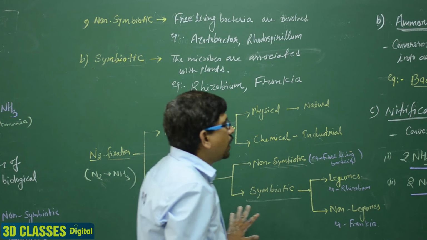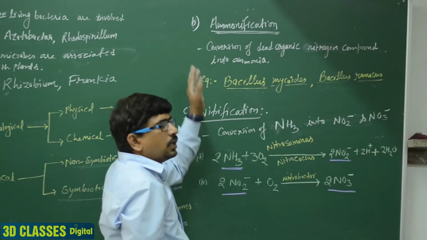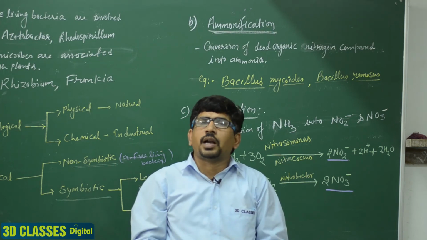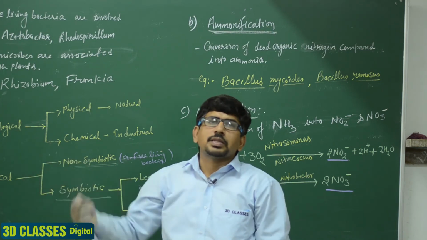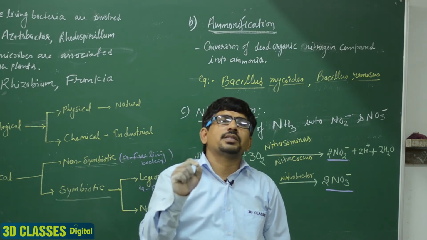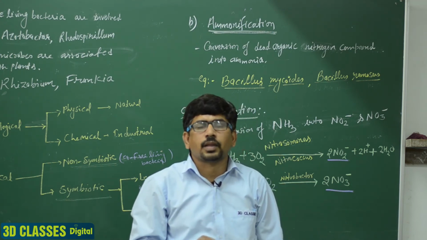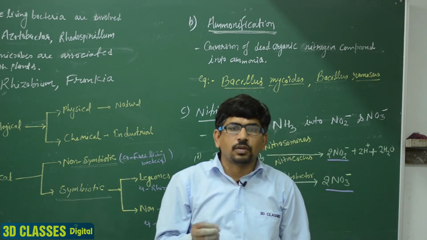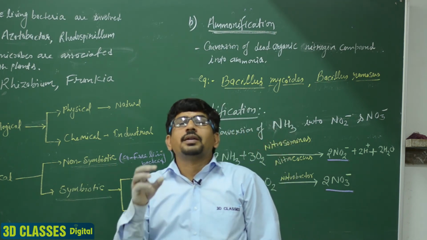Then the third one is ammonification. The first step of the nitrogen cycle, nitrogen fixation, is complete. The second main stage is the process of ammonification. Ammonification means amino acids are derived from dead organic matter.